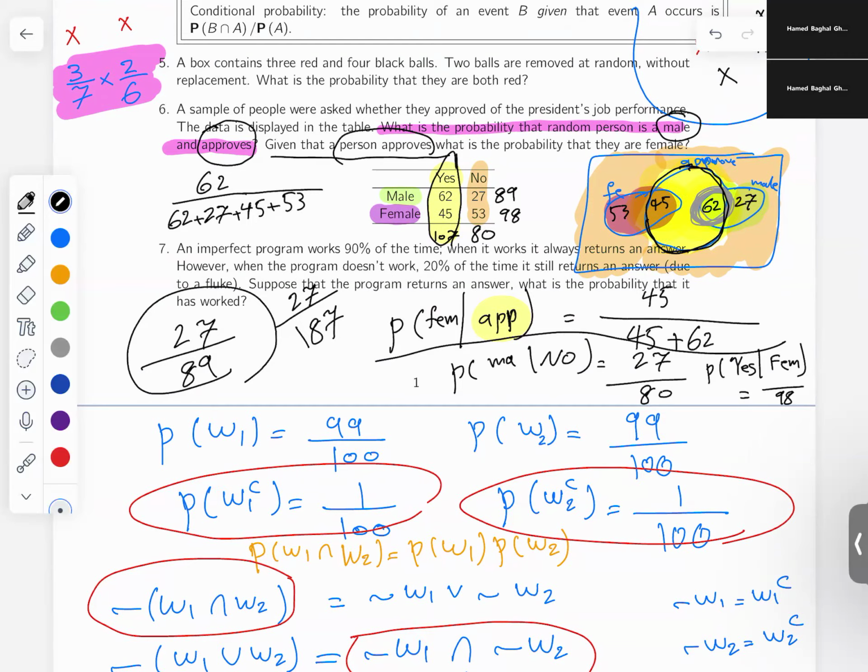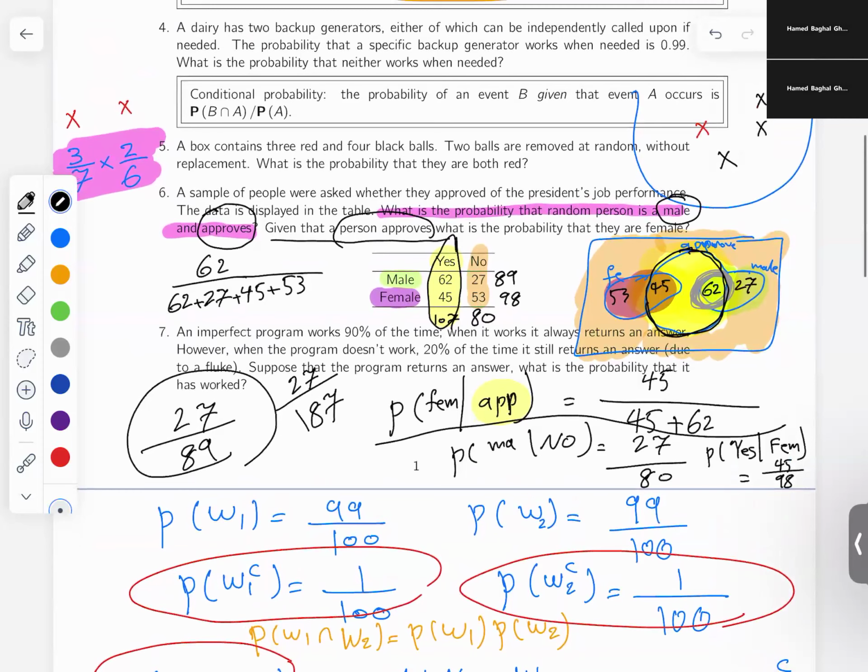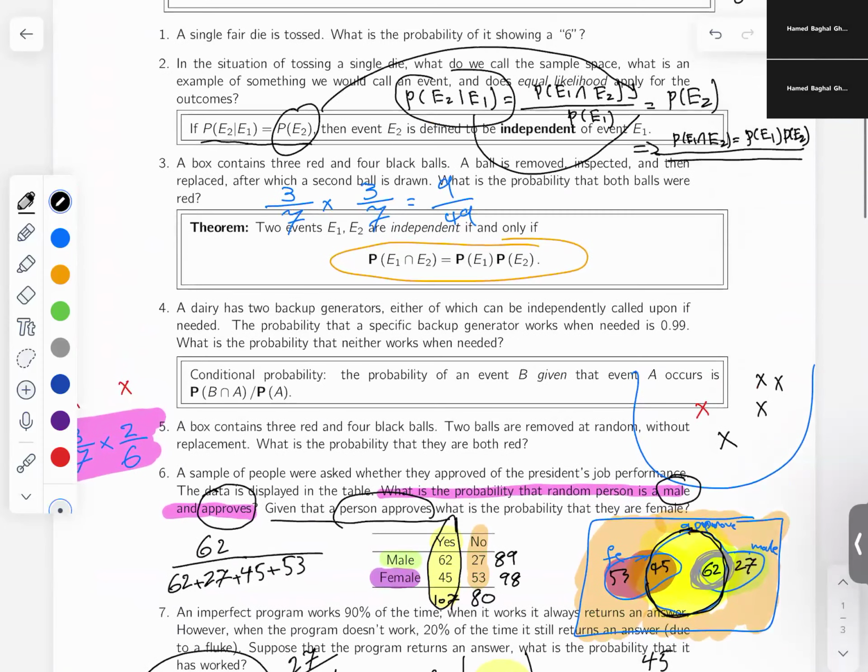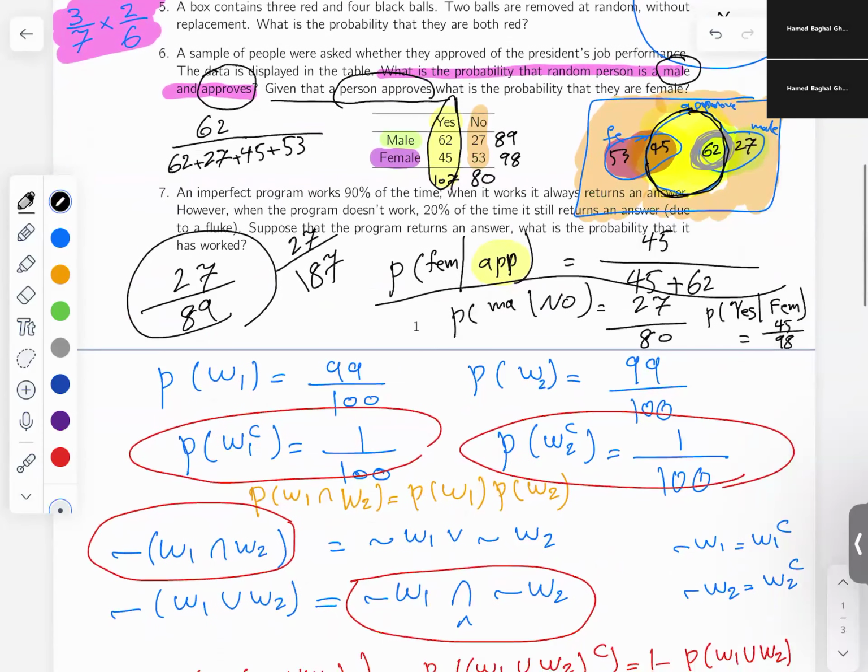How many of them are approving? 35 of them. Less than 50%. Is that so? You can see these questions 3 and 5. They are replacing and without replacing. You will see a lot of places question 6 type questions.